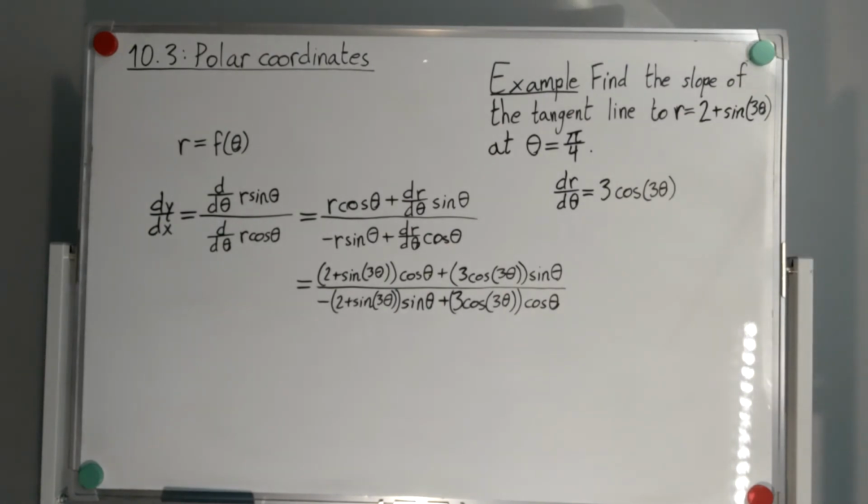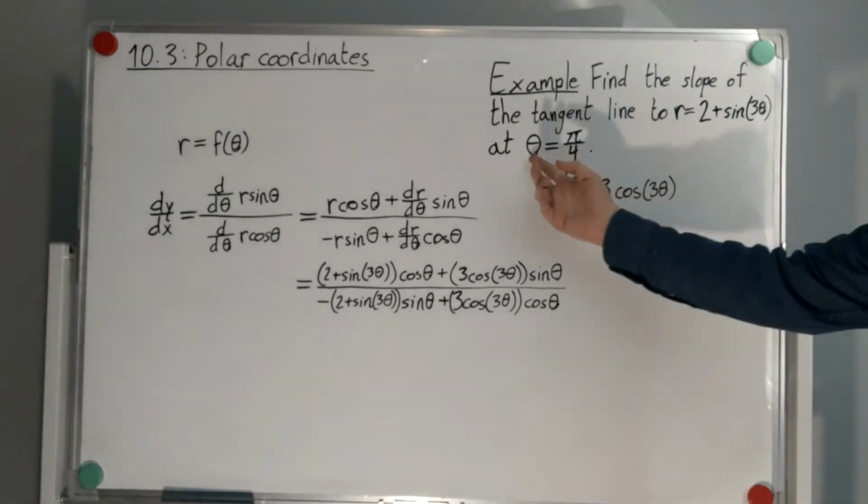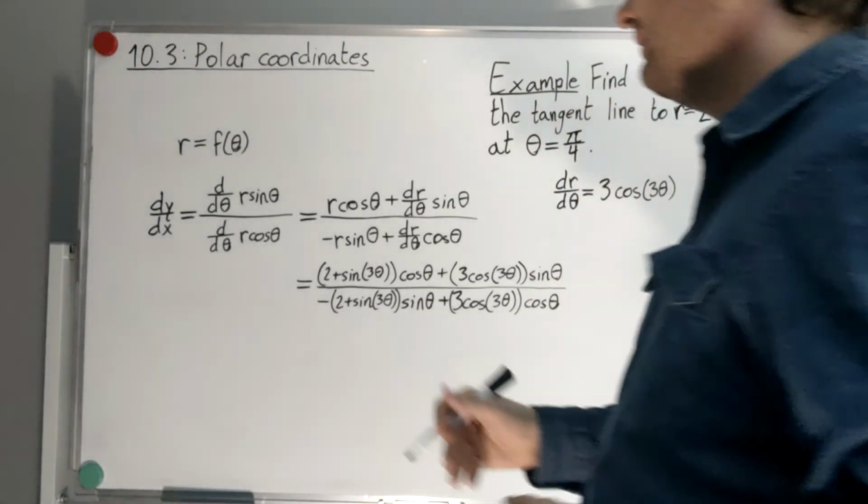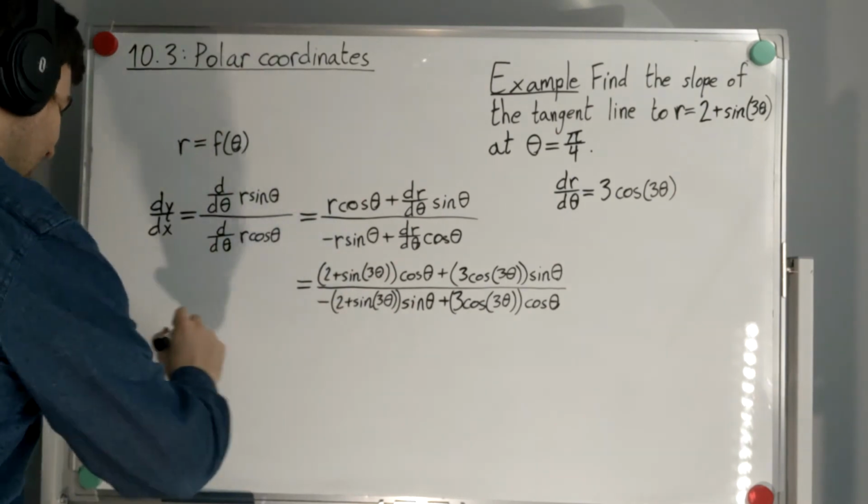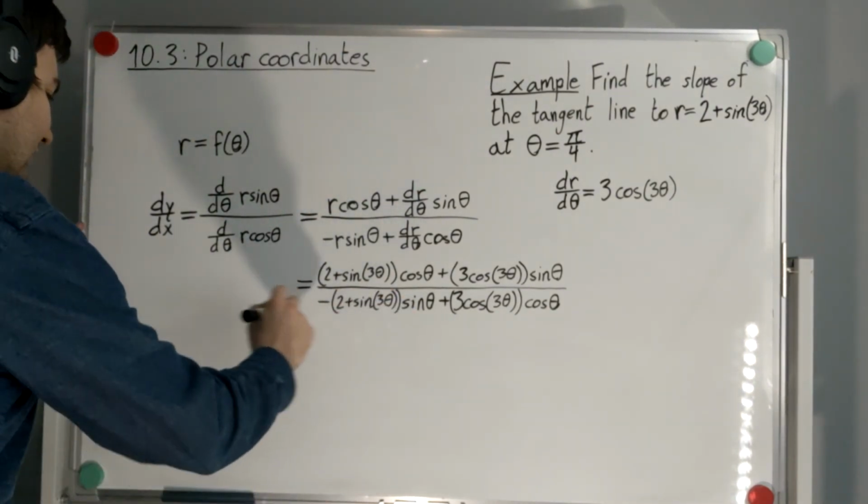So then, with this, we just need to put in that theta is pi over 4. And then this becomes somewhat simpler.